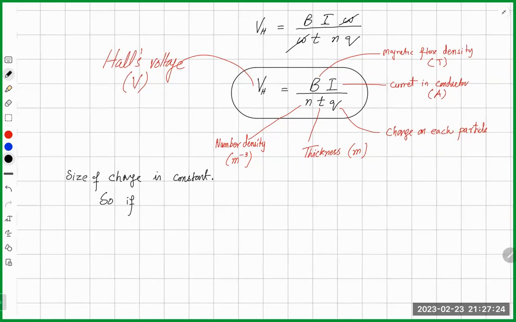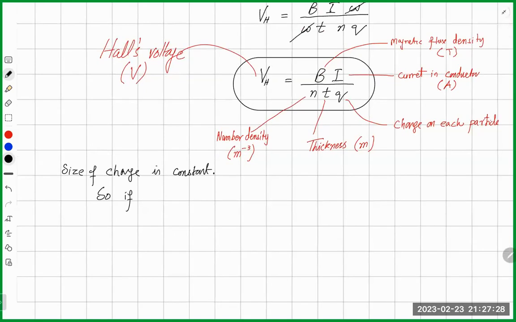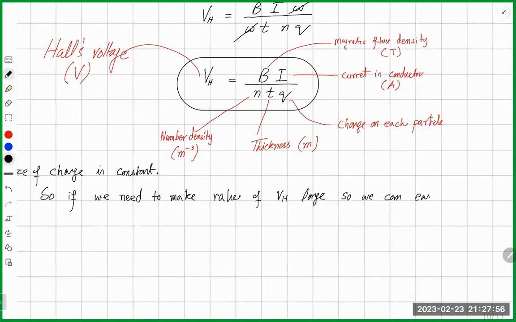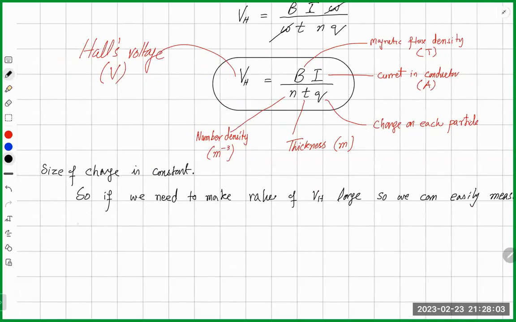So if we need to make the value of Hall voltage large so we can easily measure it, we can, number one, use larger current.